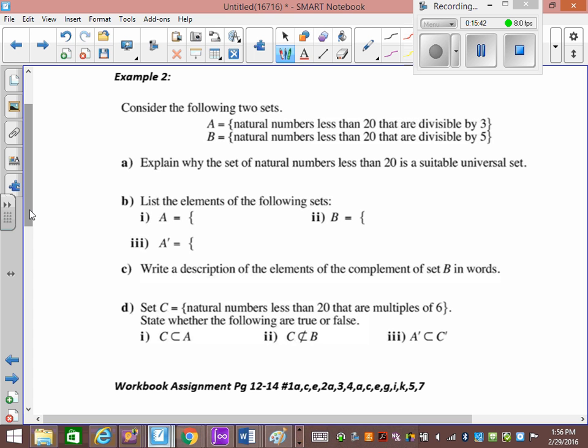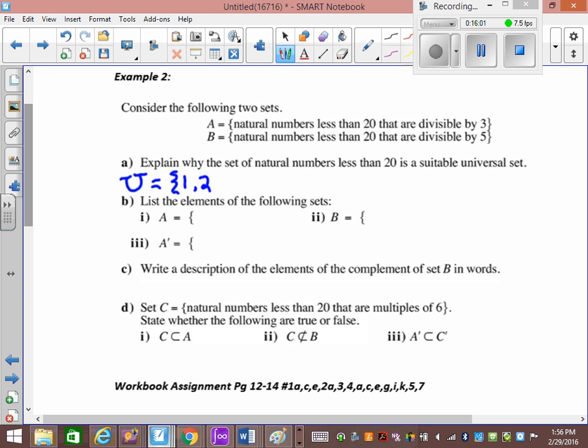Both A and B only deal with the natural numbers less than 20, right? So that's why. The universal set should be the natural numbers less than 20 because both of them only have it. Natural numbers are the numbers you count, and you naturally start off with 1 as a little kid.